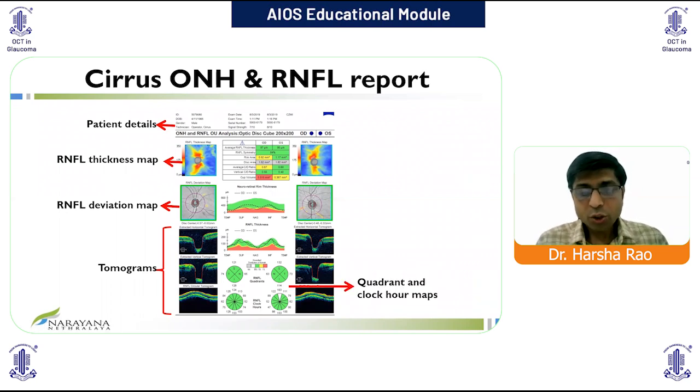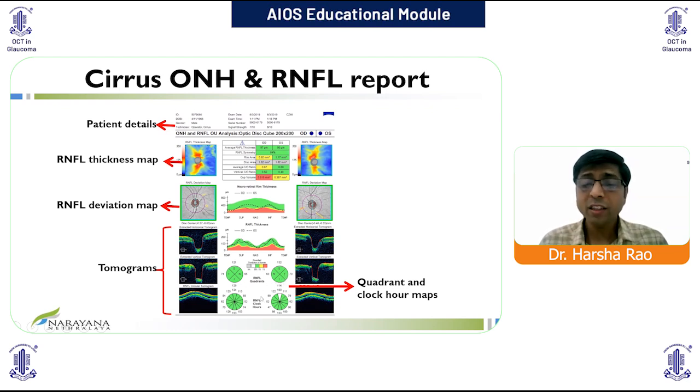The next important zone is the quadrant and the clock hour maps, where the RNFL thickness around the disc in the calculation circle, which is represented here, is shown in the 4 quadrants, 90-degree quadrants, superior, nasal, inferior, and temporal.